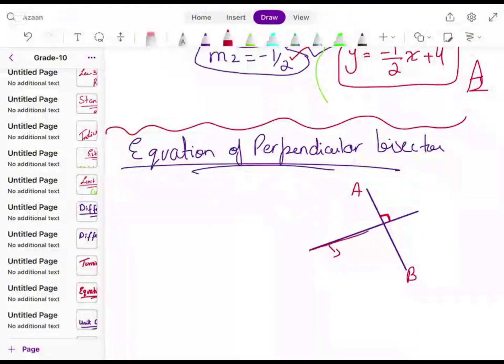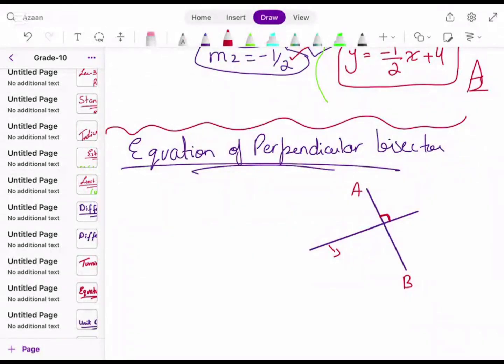As you see, this line is cutting the AB line. So this is known as perpendicular bisector, because this line is cutting AB at 90 degrees. So that's why it's known as perpendicular bisector. So we can say that this is the perpendicular bisector of A and B.